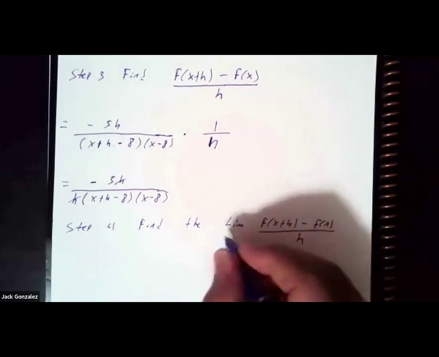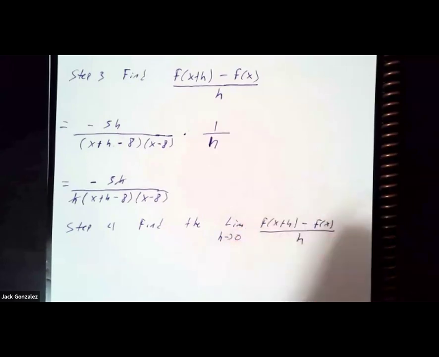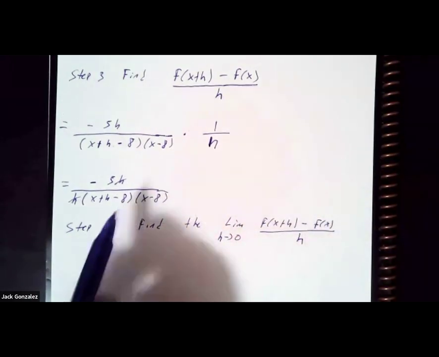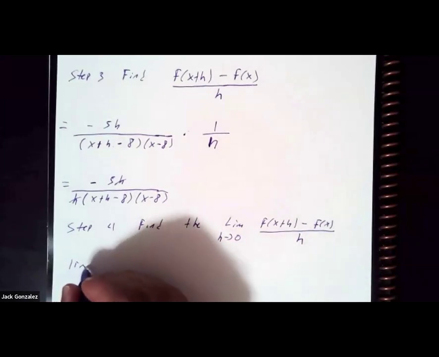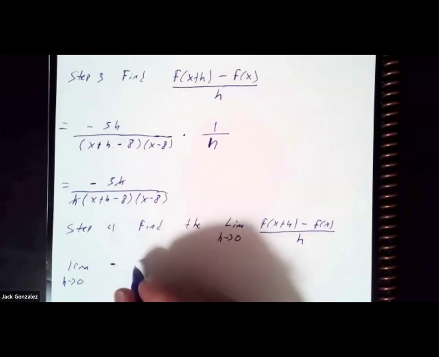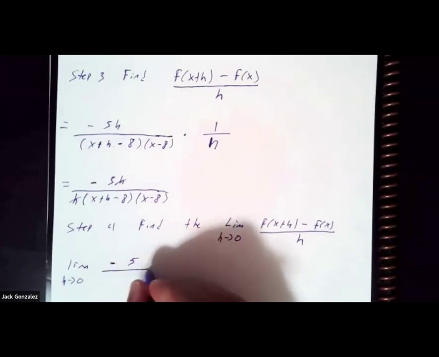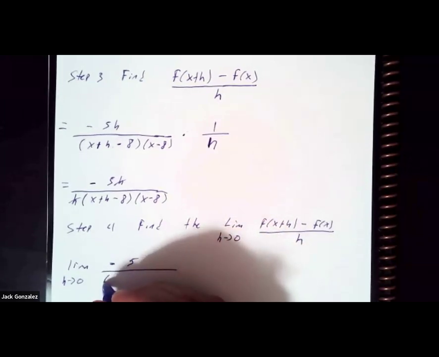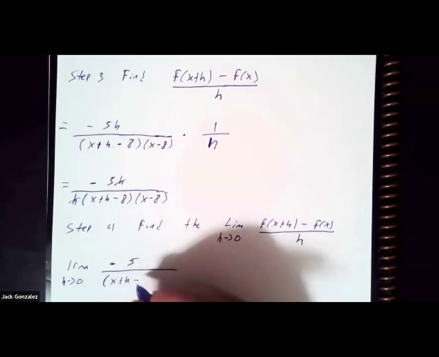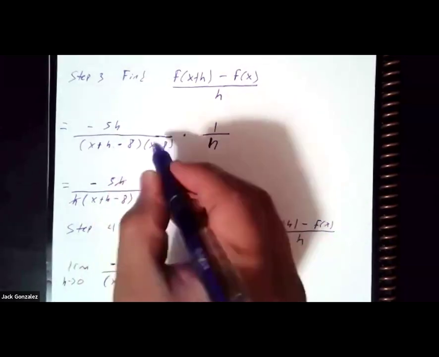Find the limit of this difference quotient, which is the limit of negative 5 over x plus h minus 8. Yeah, that should be fine.